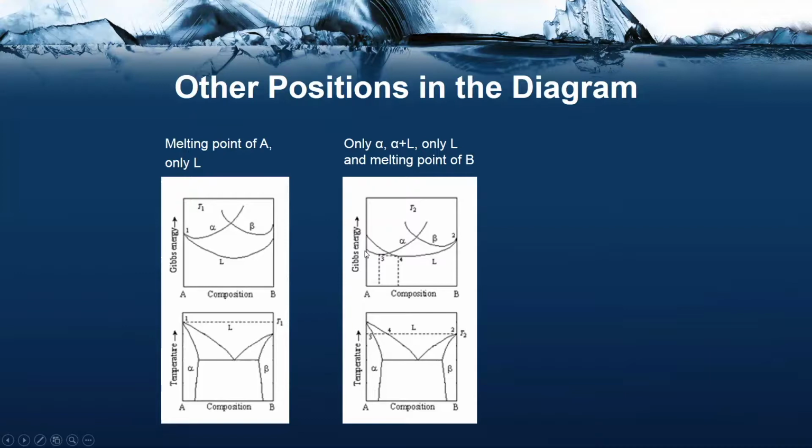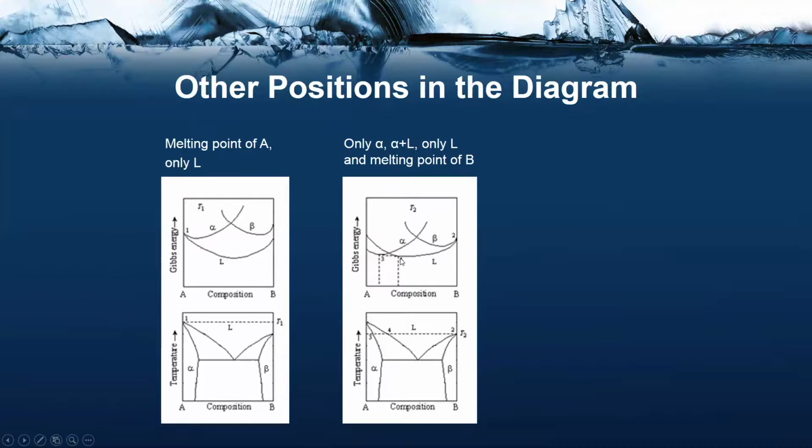And we can see this because we don't have any shared tangent in this region between alpha and any other phase. However, if we go to composition 3 and to composition 4, we see that a tangent between the alpha phase and the liquid phase can be drawn, and therefore in this diagram we can see that between these compositions we have a combination of the alpha and the liquid phase.